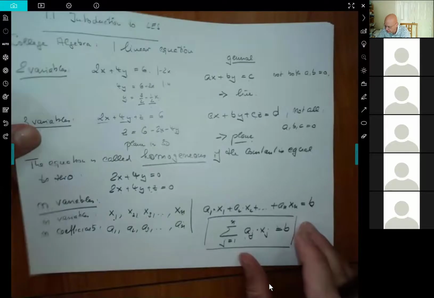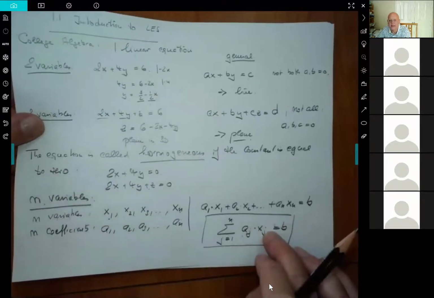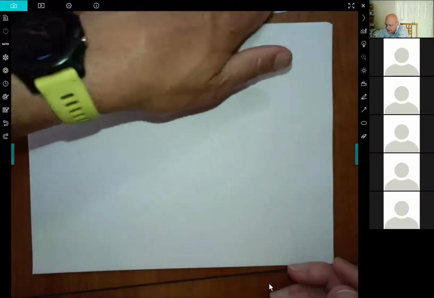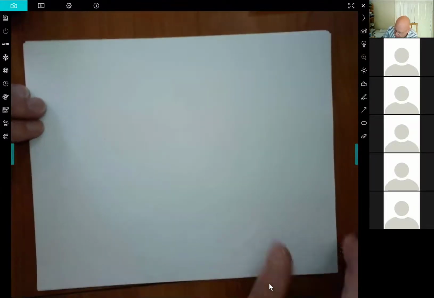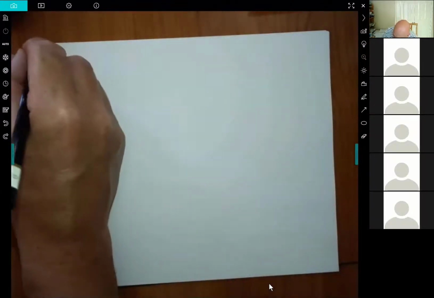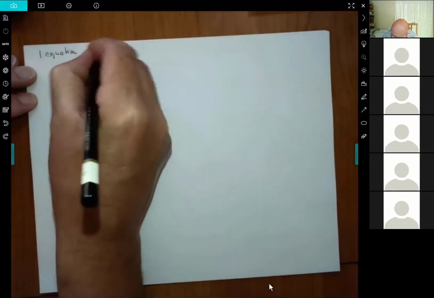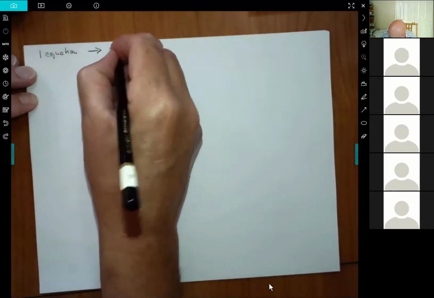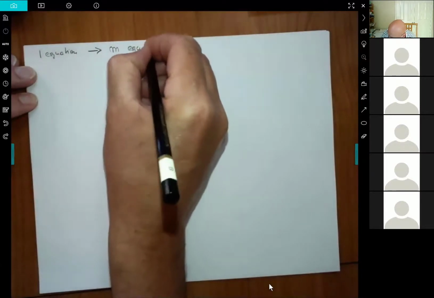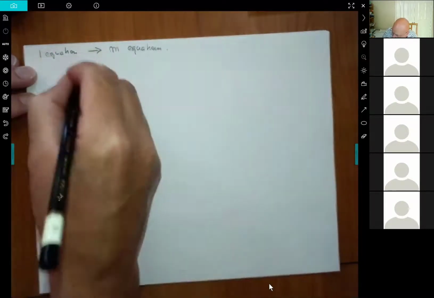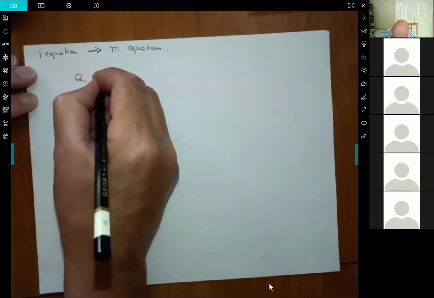So now we generalize one more time to linear equation systems. Now instead of one equation, we go to m equations. So the one equation we had like this.